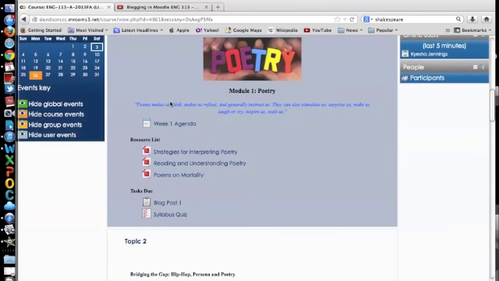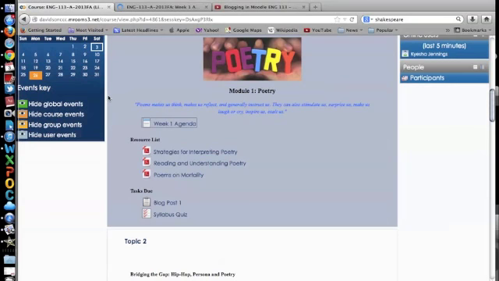Each week, there will be an agenda. Within the agenda, you will find the class schedule for each specific day, Monday, Wednesday, and Friday, as well as homework assigned. At times, you will also see a resource list and a category that says task due.